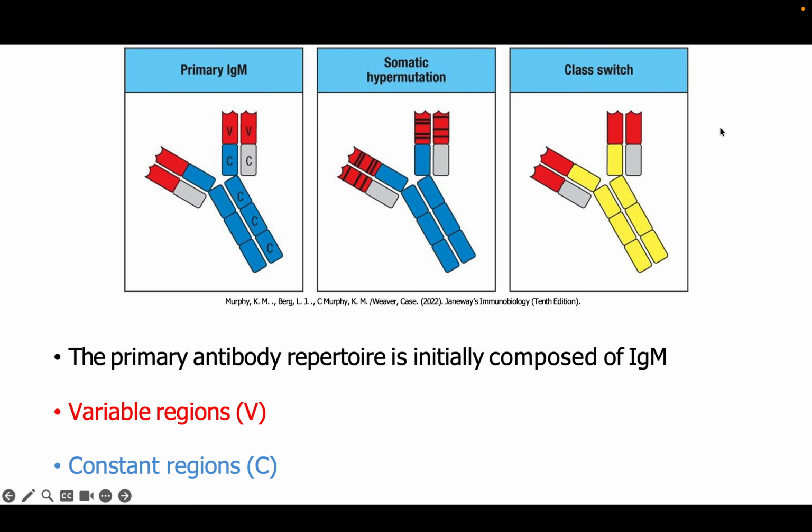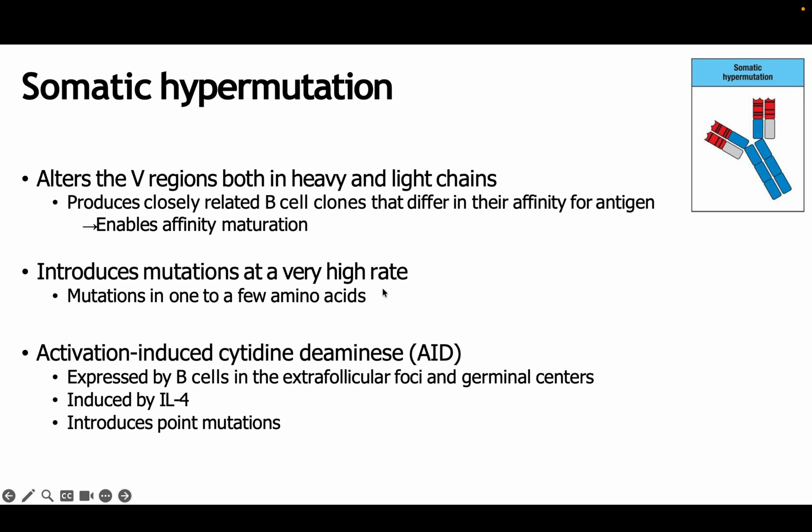If you go here, these are your variable regions. These black bands indicate the different mutations that we're adding to your variable regions. And what is causing it? It's an enzyme that we call activation-induced cytidine deaminase. You have this enzyme called AID, which literally deaminates cytidines, converting cytidines into uracils.